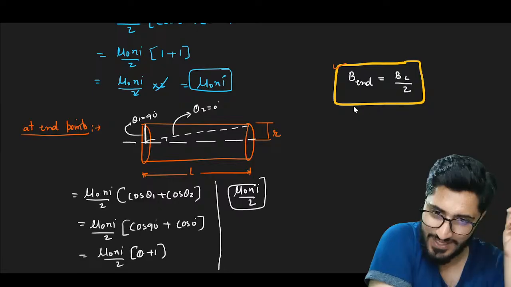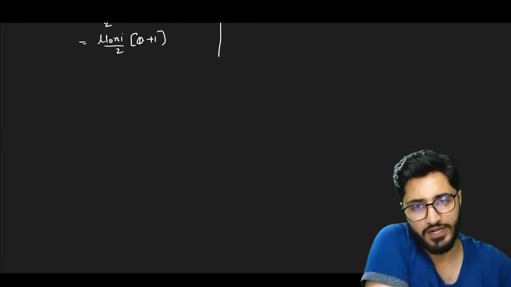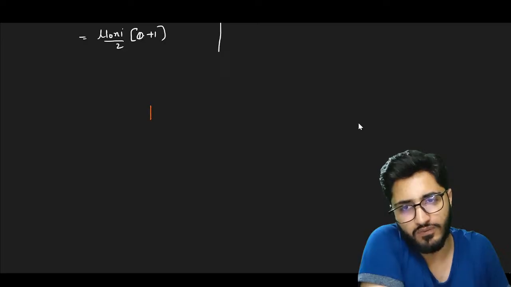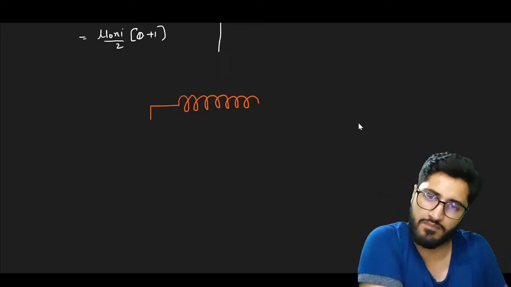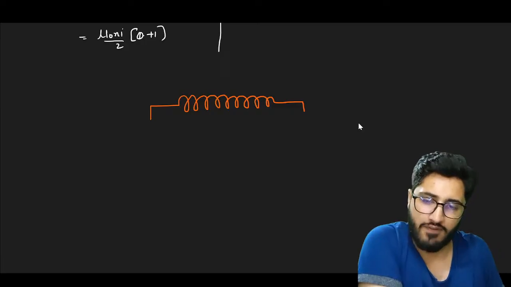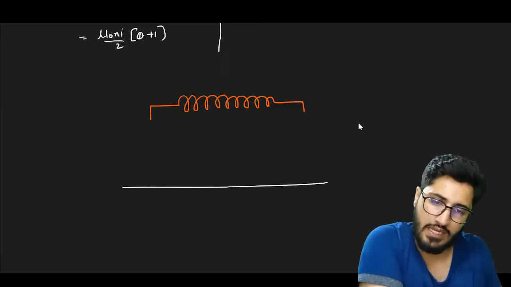Clear now? Now let us suppose we have a solenoid like this. Look now. We want to make a graph of it.